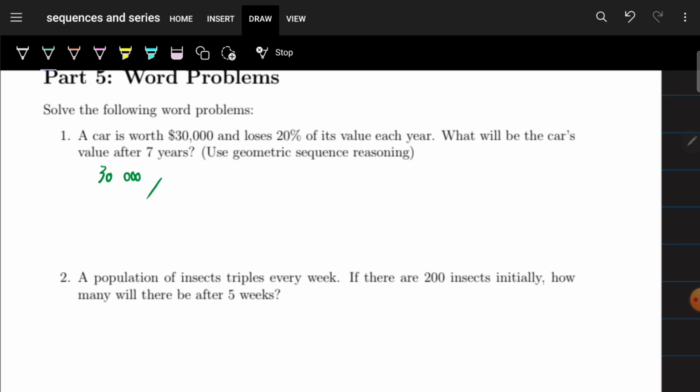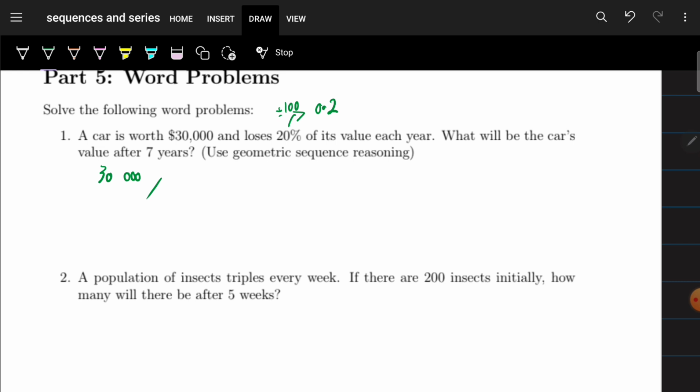So the car is initially $30,000 and it loses 20% of its value, right? So what is 20% in decimal form? That's 0.2. To go from percent to decimal, you simply divide by 100. Okay, so the value of the car initially is 30,000. What is the value of the car after the first year?